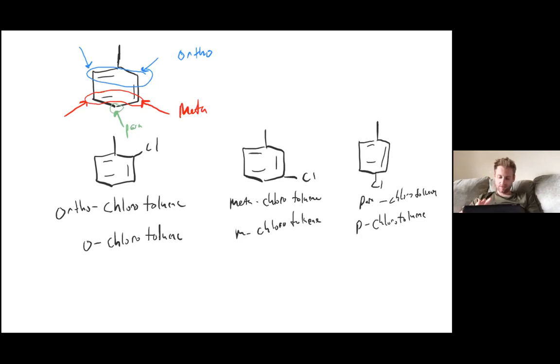So let's talk a little bit about what makes a compound aromatic. Benzene is usually our standard for an aromatic compound. It is going to meet all of the requirements. So the first requirement is that it needs to be fully conjugated.